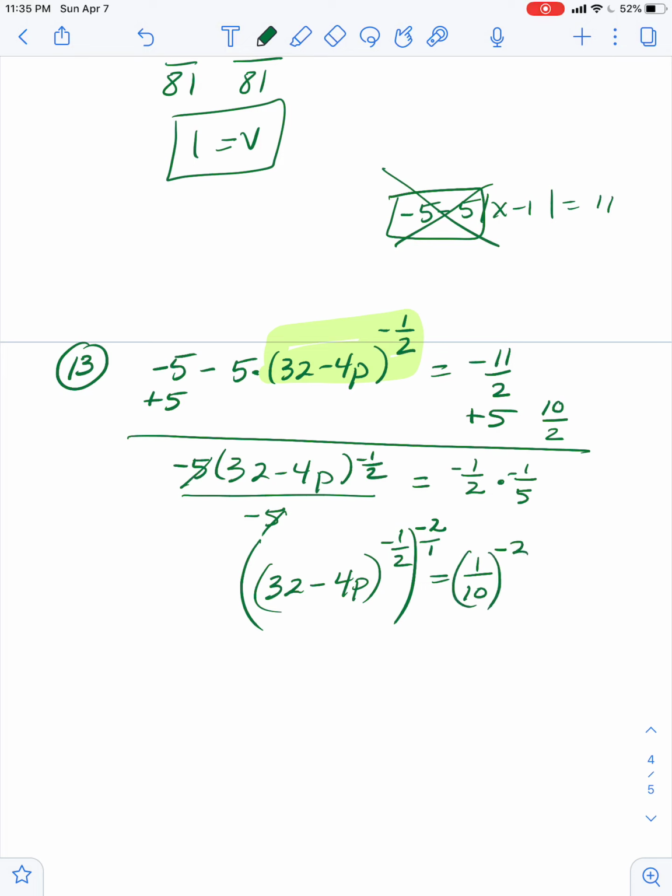So I'm just going to put it as a negative 2. These cancel. I'm left with the 32 minus 4p equals, and we're going to do 1/10 to the negative 2. Again, I'm going to take care of the negative first, which means I'm just going to flip that 1/10 to be 10 and square it. Okay, which is 100.